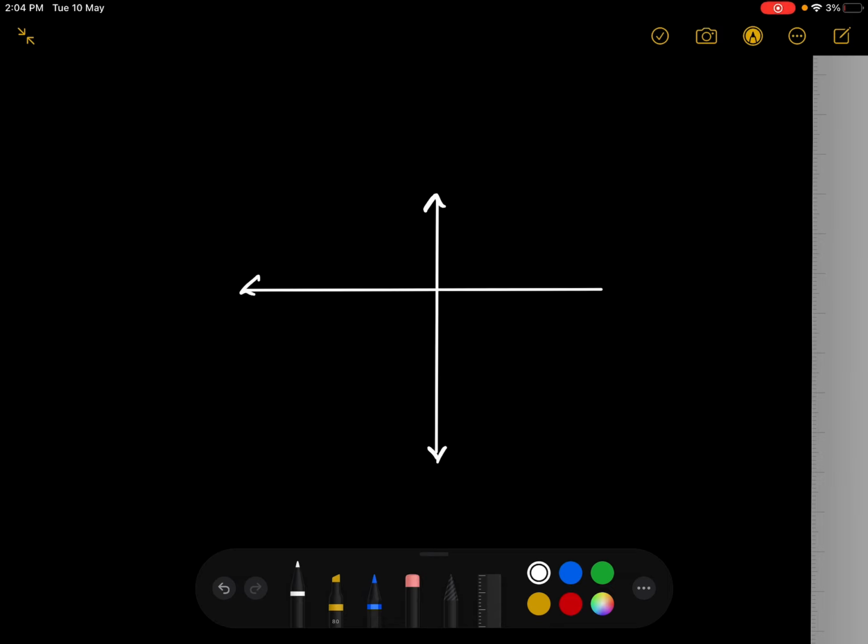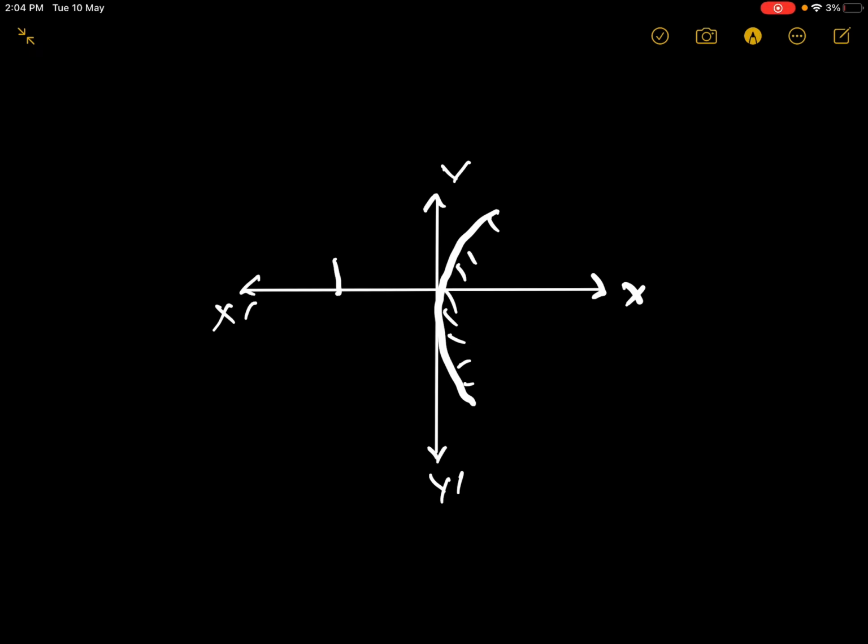Like before, we should draw the same axes, x, x dash, y dash, and y. Here I am taking a convex mirror, so it's bulged outwards, and as usual the object always lies on the negative side, so u is minus, because this is the negative side of x and this is the positive side.